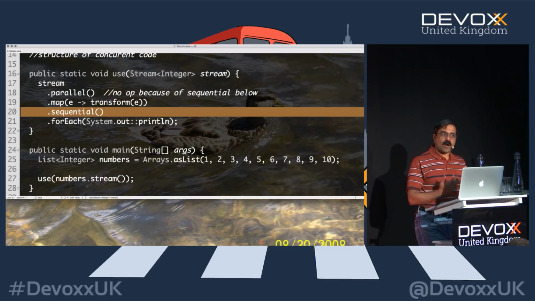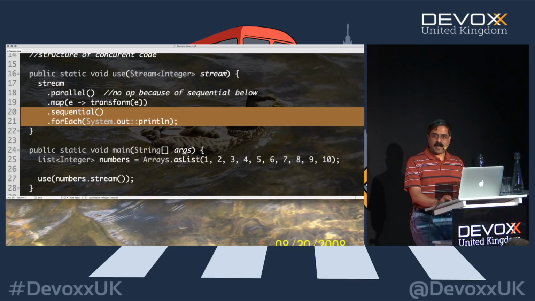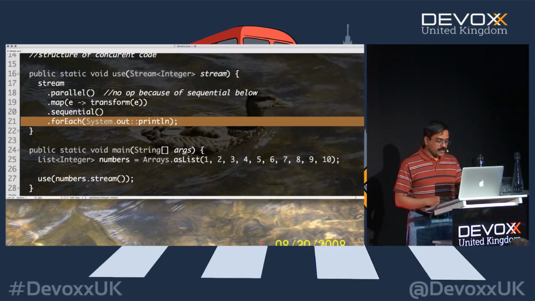So if the last call was sequential before the terminal, then that's going to be taking over. If the last call before the terminal was parallel, that takes over. So in other words, you walk backward from the terminal operation and you look for sequential or parallel. Whichever you hit first, that's going to be the deciding factor going backwards from the terminal operation. That's what is going to take root.